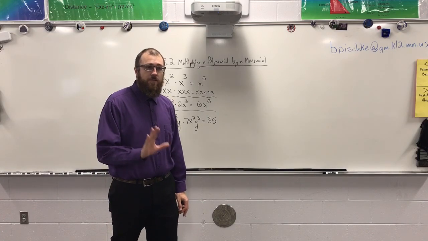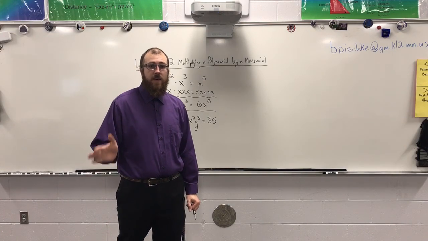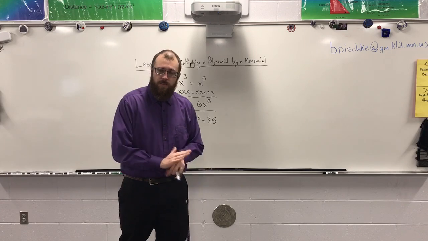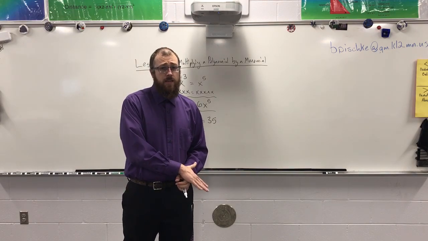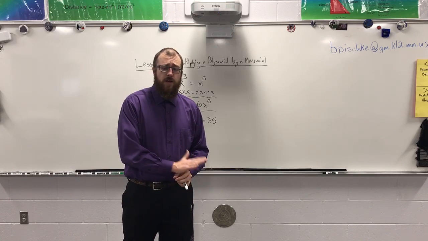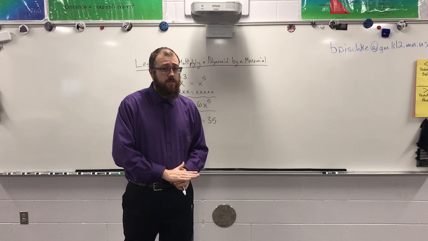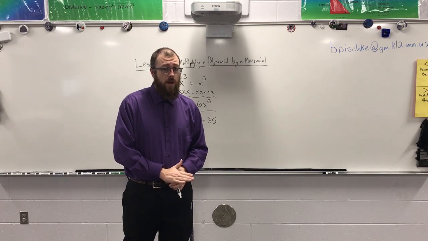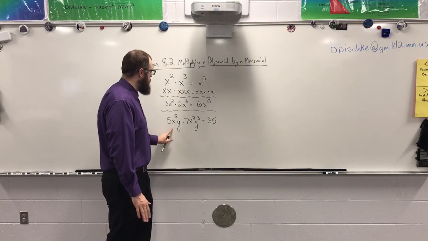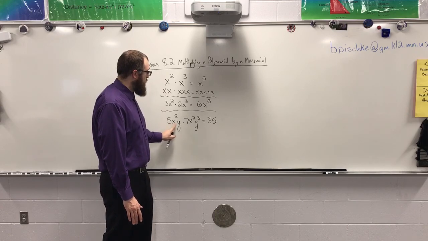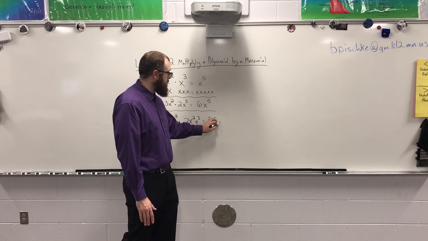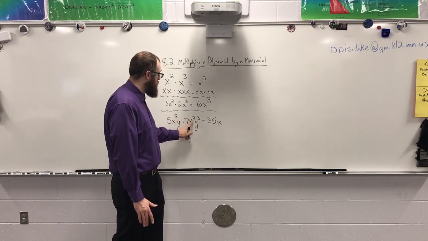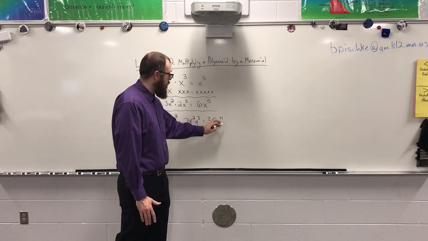And the powers on the variables have to stay with that variable. They don't combine to be one power at the end. I saw a lot of that on tests and worksheets coming out here. We need to be very careful. X powers stay on x's. Y powers stay on y's. X to the second times x to the second is x to the 2 plus 2, which is 4.